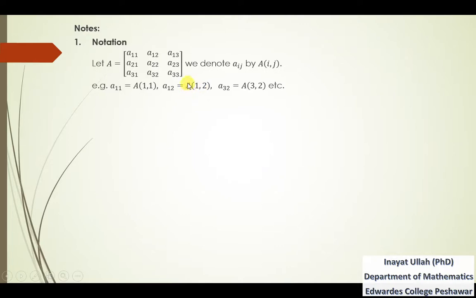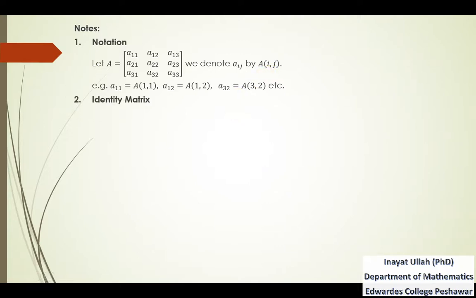It means the entry of matrix A which is in the first row and second column. And similarly A32 will be denoted by A3,2, and so on. So that is the notation which will be used here in your course.